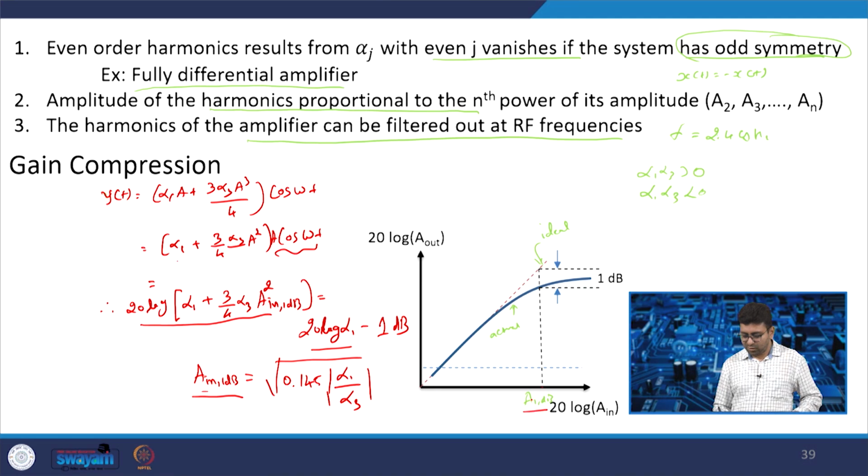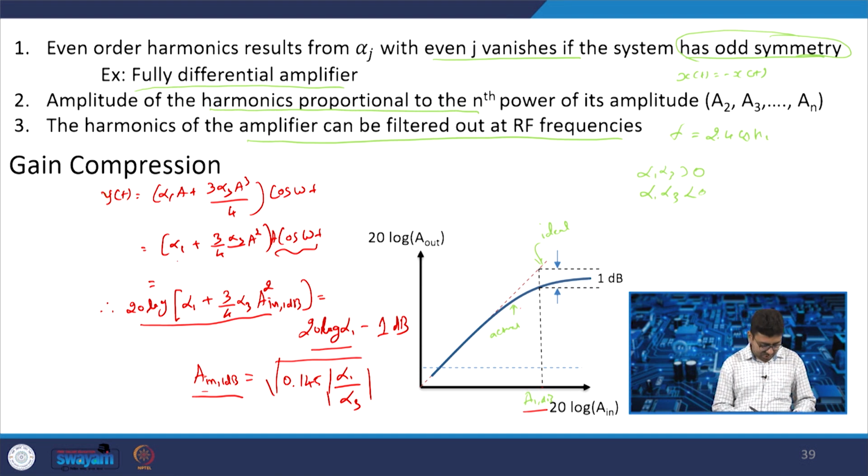So, this is a very important parameter of nonlinearity, which tells us about the harmonic distortion, and we can quantify the gain compression for any system that we want to analyze. So, gain compression is important, and we need to get its value by finding out the gain, or plotting the asymptotic curve and finding the 1 dB compression point.